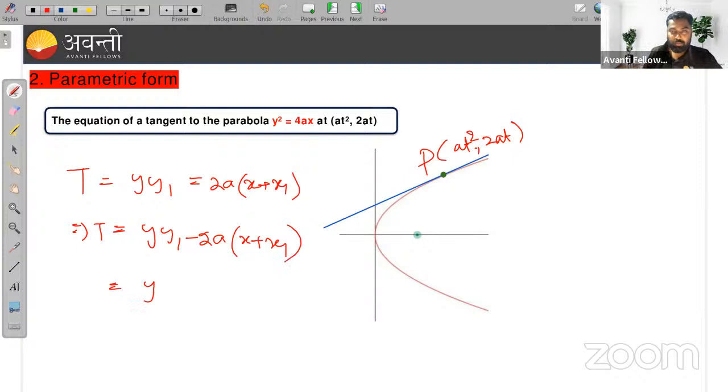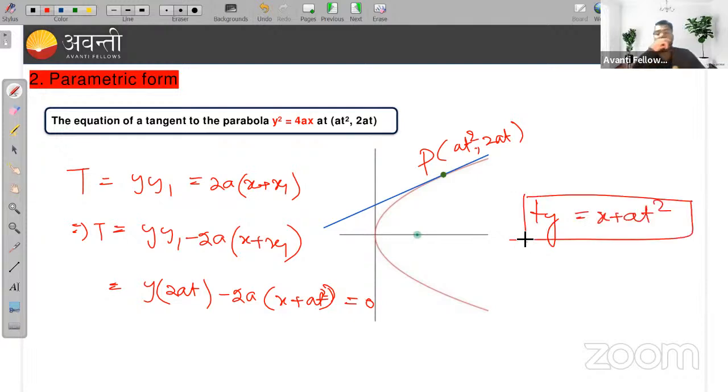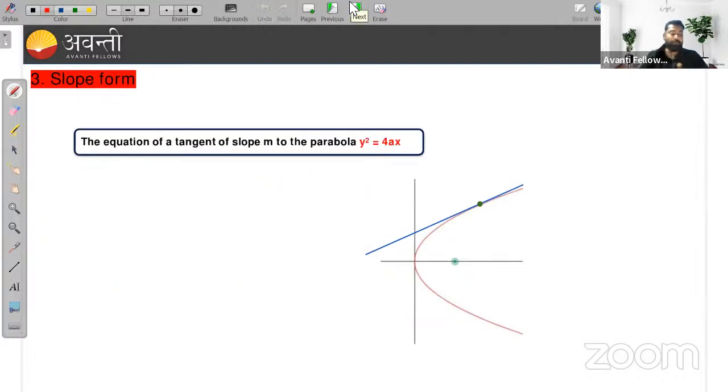So y into 2at minus 2a into (x plus at square) is equal to 0 is the equation of the tangent at a point when you have the parametric coordinate of a point. After simplification you will get ty is equal to x plus at square. So this is the parametric form of equation of tangent. Clear guys, everyone? Clear?